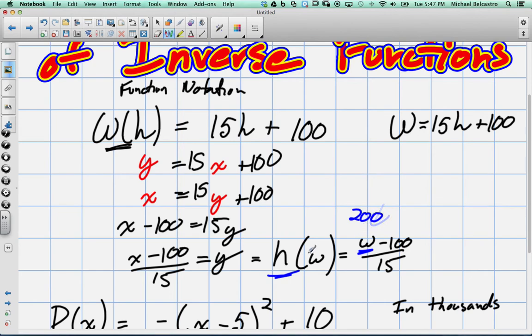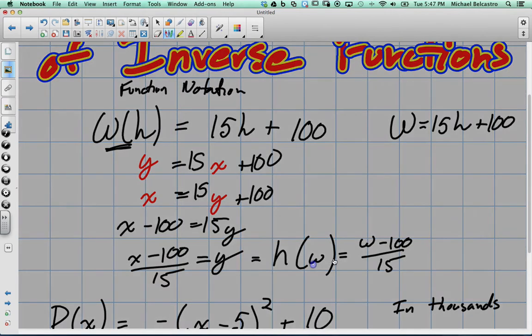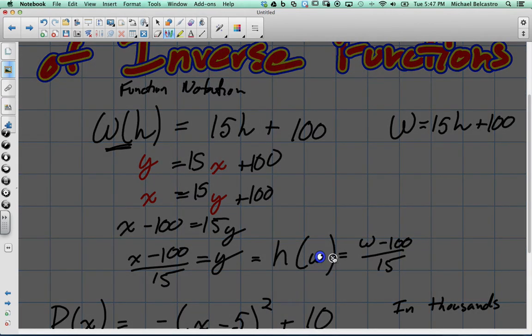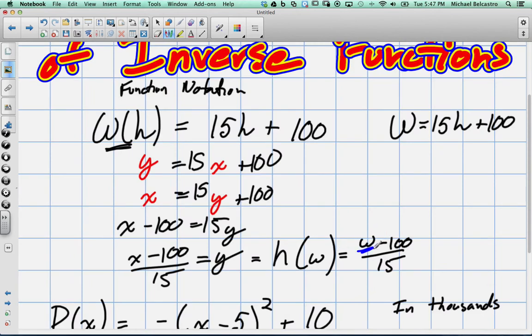I plug 200 in for my wage, and I can solve it. It becomes 200 subtract 100, which is 100 divided by 15, which gives us maybe like 8 hours or something like that, approximately. It tells us our hours in terms of wage.